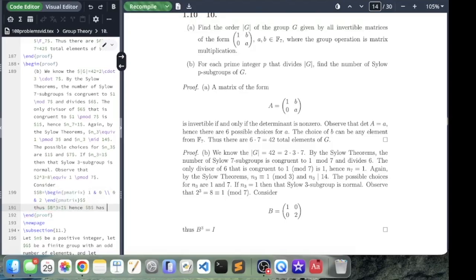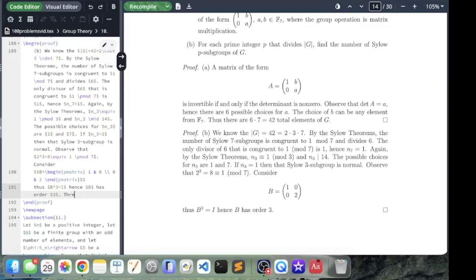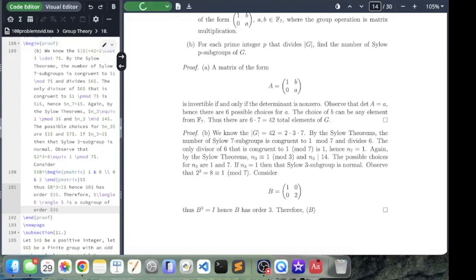Hence B has order 3. Therefore, the cyclic subgroup generated by B is a subgroup of order 3. Thus, it is a Sylow 3 subgroup.